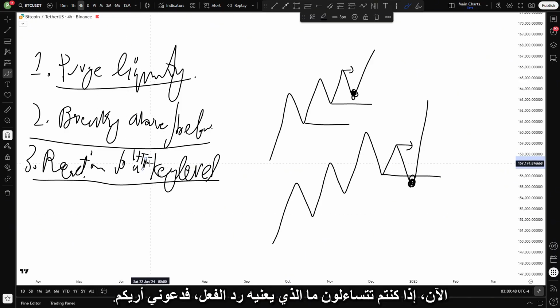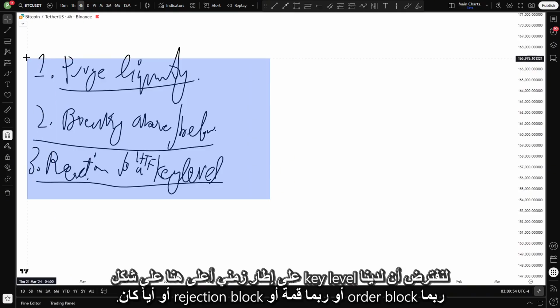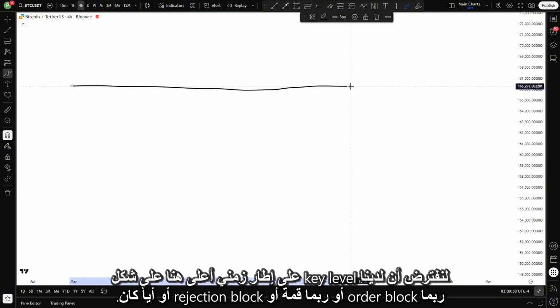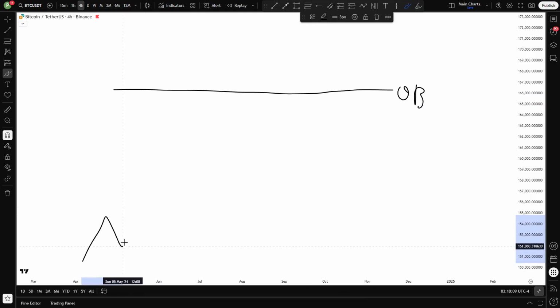Now, if you're wondering what a reaction means, then let me show it to you. Let me remove all of these. So let's say we've got a higher time frame premium key level here in the form of maybe an order block or a rejection block or whatever. Let's say price is in a bullish structure.